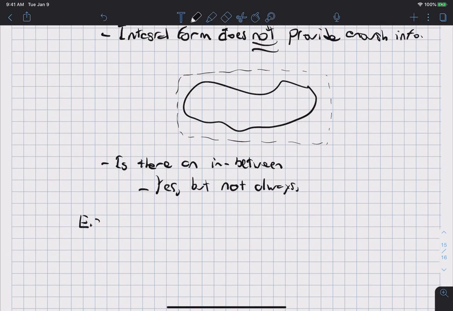So, example. Say we have a tube that's blocked on one end, of diameter d.